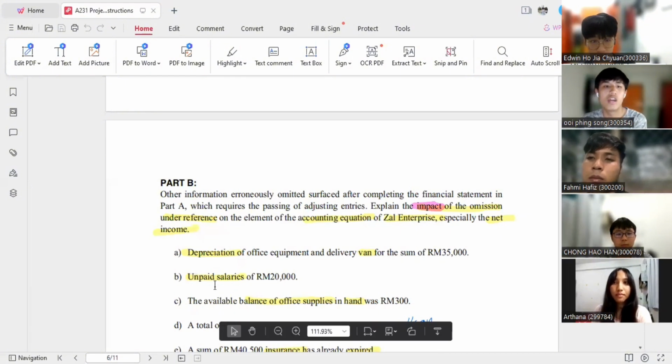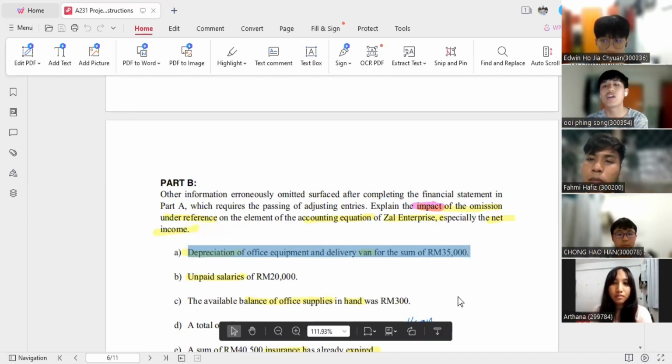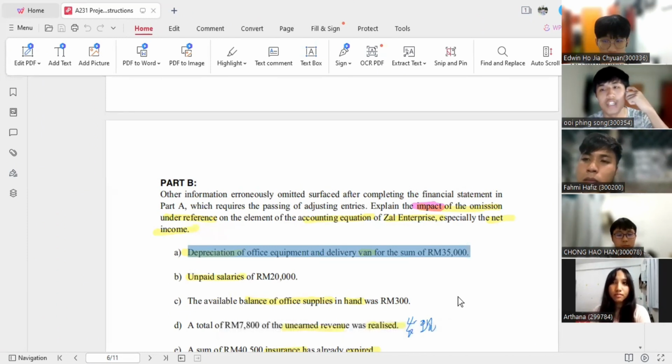For the first one, A, depreciation of office equipment and delivery van for the sum of 35,000. For this transaction, I want to ask Atana what the effect is. The depreciation of office equipment and delivery van increases, meanwhile net income, equity and assets decrease.